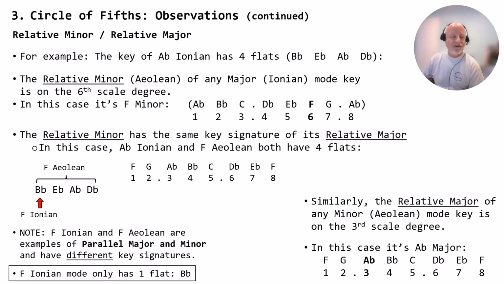If you go counterclockwise in the circle of fifths from C, you reach F, and it has one flat, and it's B flat. So F major has one flat, and it's B flat. F Aeolian has 4 flats because it is the relative minor of A flat major. So they have different key signatures. It's just a good concept to be aware of.